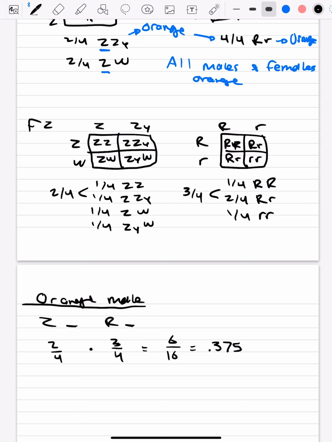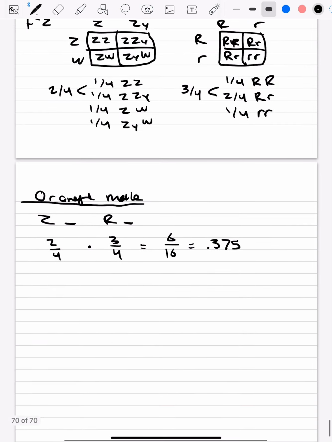To find the frequency of an orange spotted female, females only have one Z, so she has to have the genotype ZW. And at the R locus, the same deal, she has to have at least one big R, and the other allele does not matter.